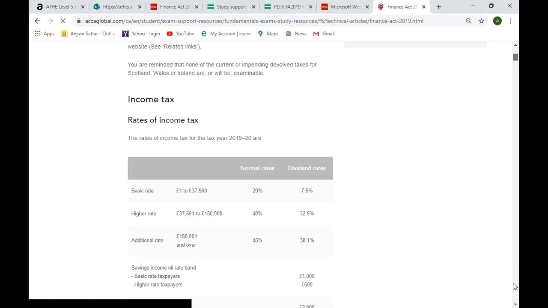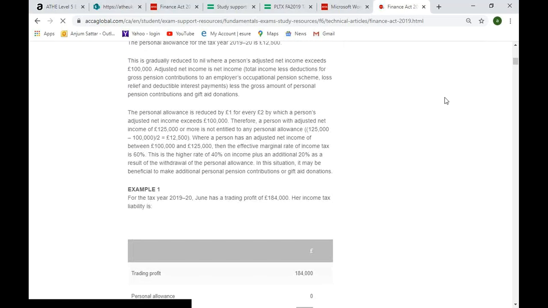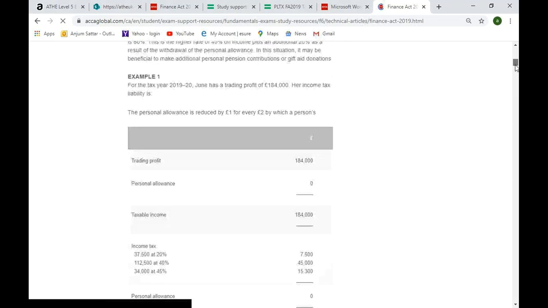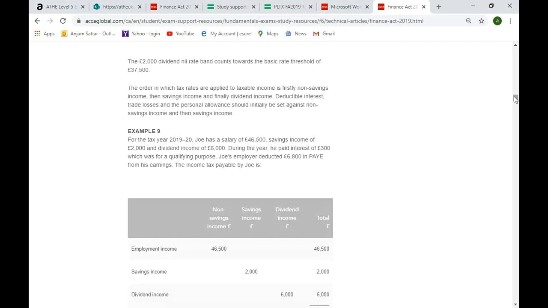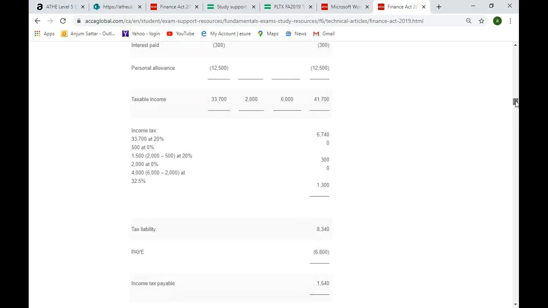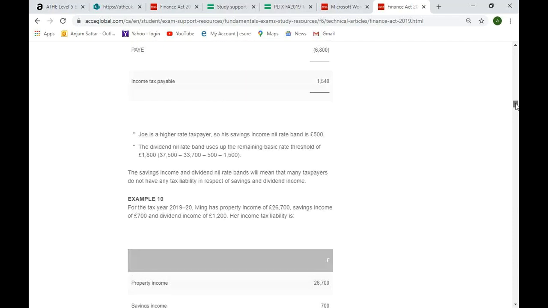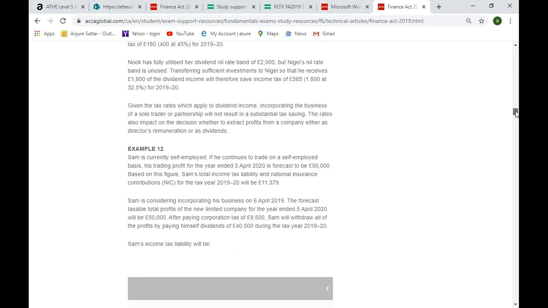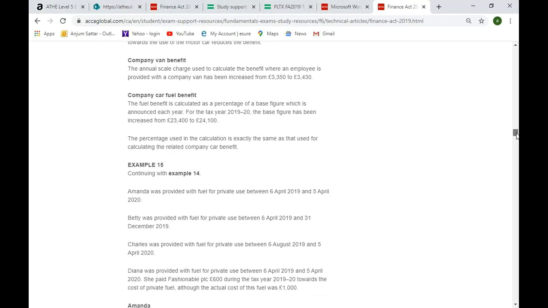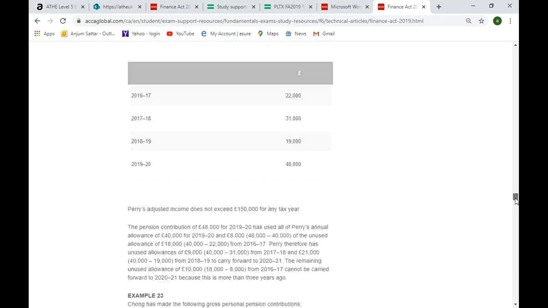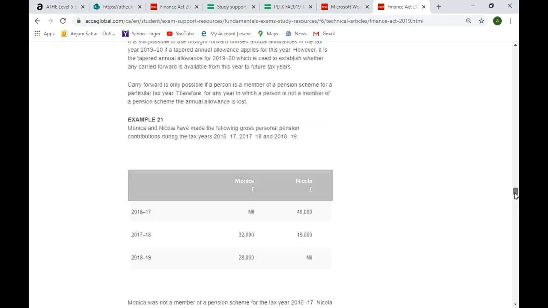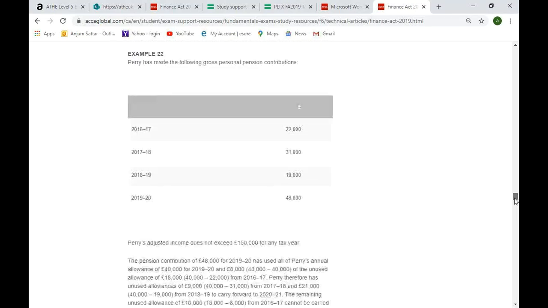So we can go through the capital gain tax rates, and we've been given here employment income and gain, capital gain tax, all of it. Like if we have a car, fuel, again there are examples there as well, a lot of examples.